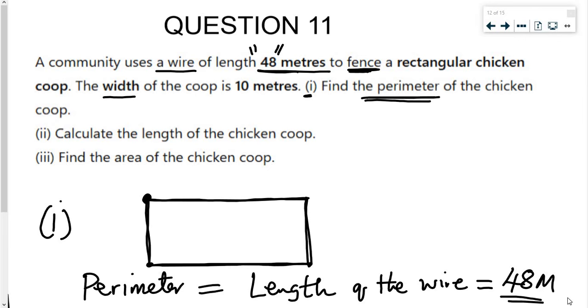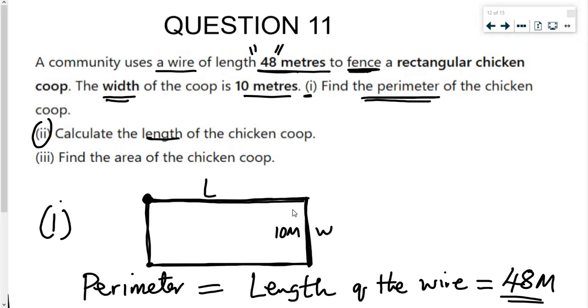Done. Question 2. Calculate the length of the chicken coop. This is L for length, and this is W for width. But the width is 10 meters. So you're going to write here 10 meters.